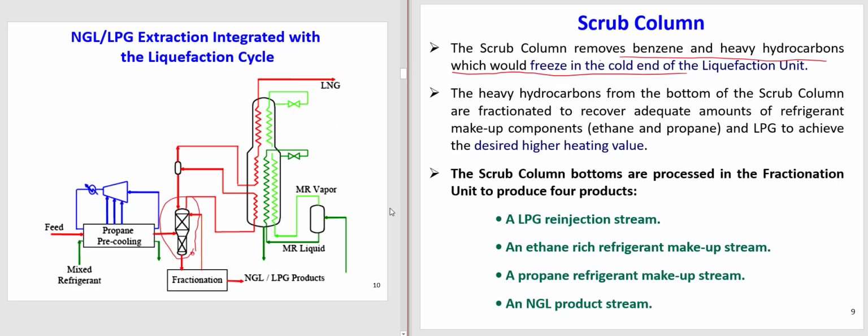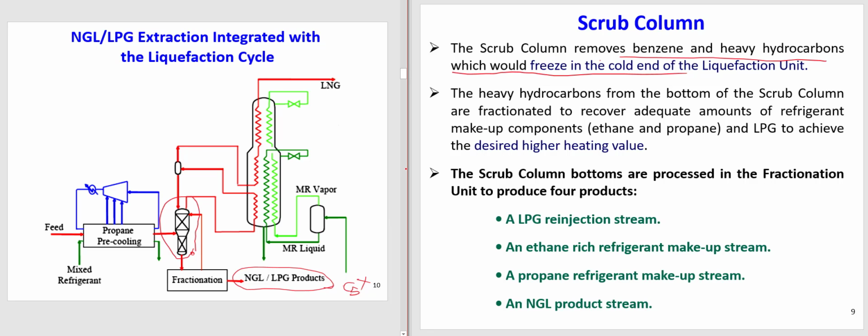They will be sent to the fractionation unit, and then we will get our NGL, which is natural gas liquid, and liquid petroleum gases, heavy molecules heavier than benzene and pentane, C5 plus. Why? Because we cannot send these to the main cryogenic heat exchanger, as they would be frozen at the cold bundle.